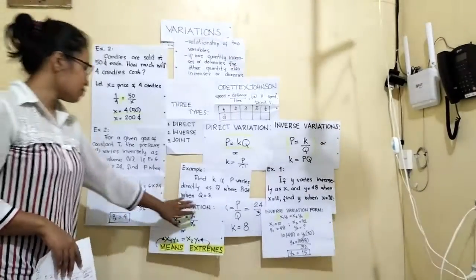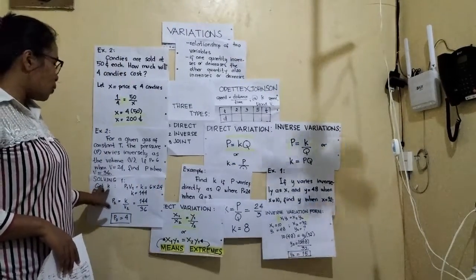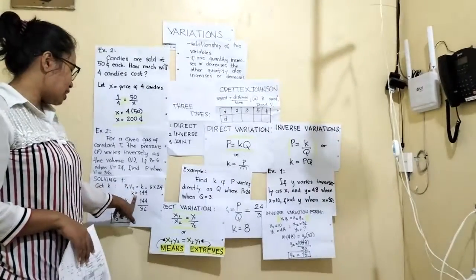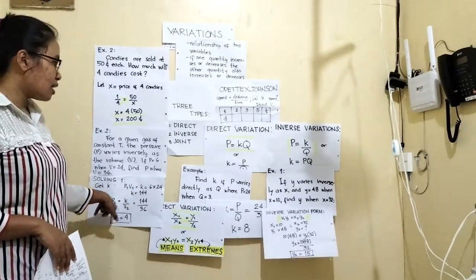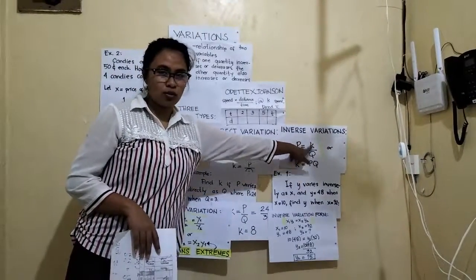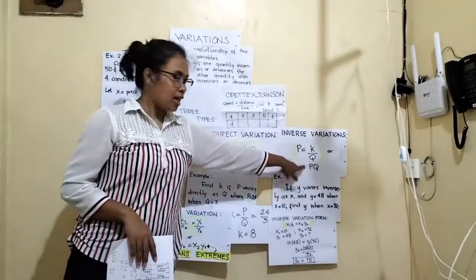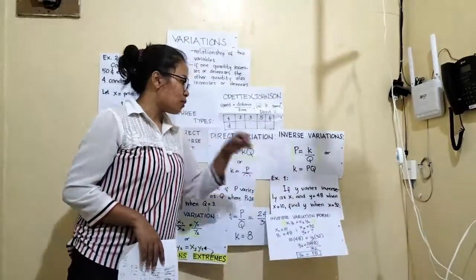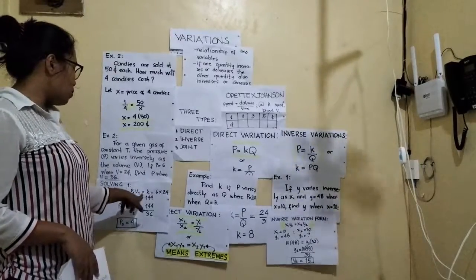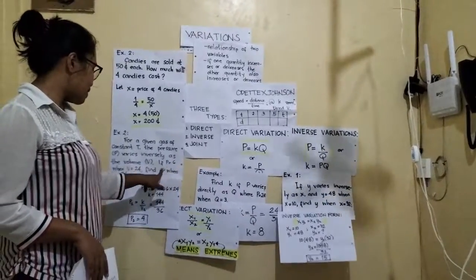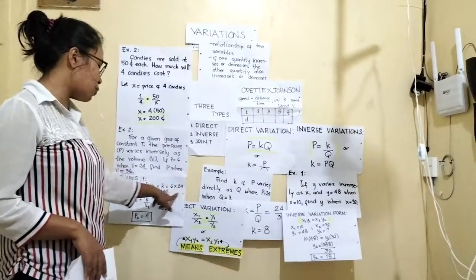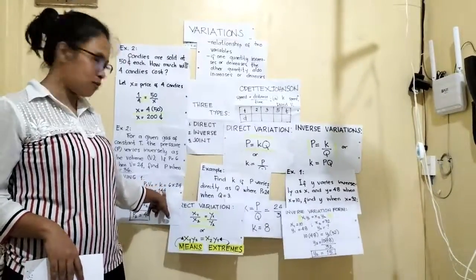So, we have to get K first. And after getting K, we can input this in this equation. In this kind of equation, P is equal to K over Q. As long as we have K, we can get the variable that we are looking for. So, P1 and V1 are given, 6 and 24. So, K is equal to 6 times 24, which is 144.